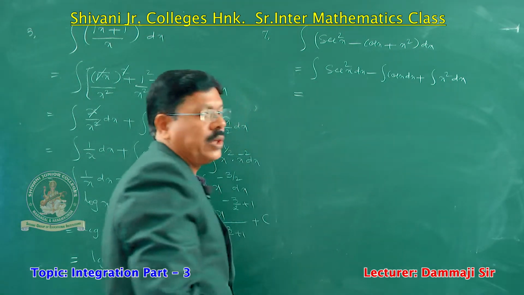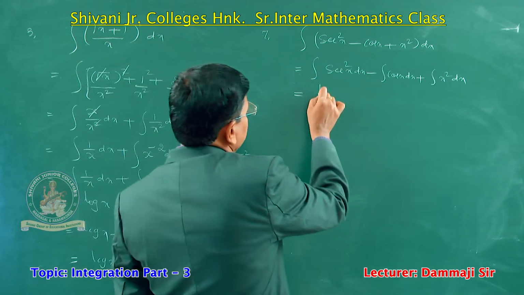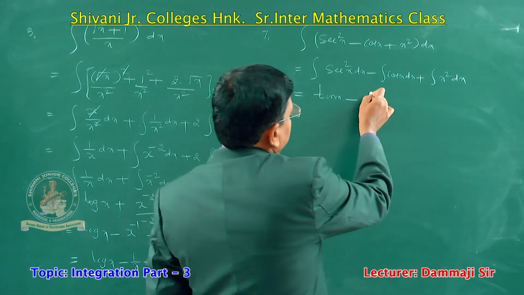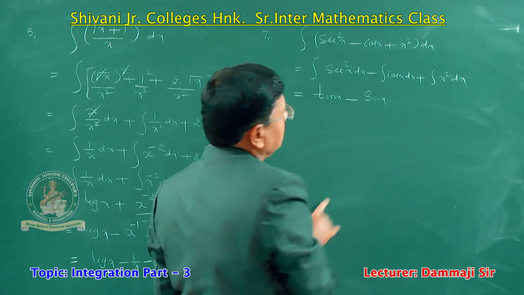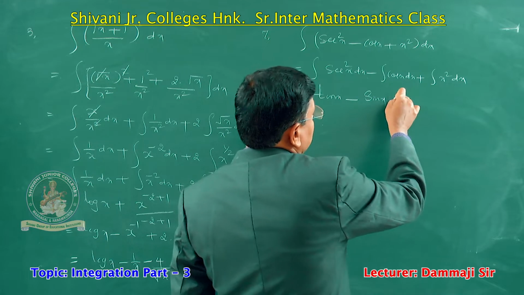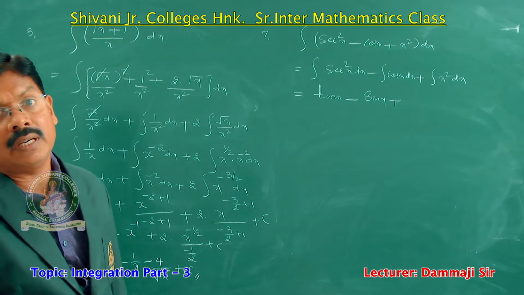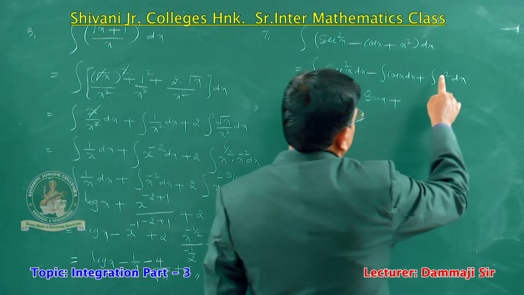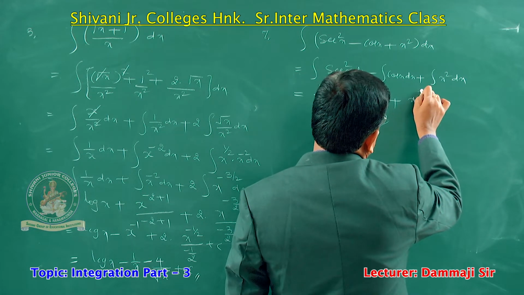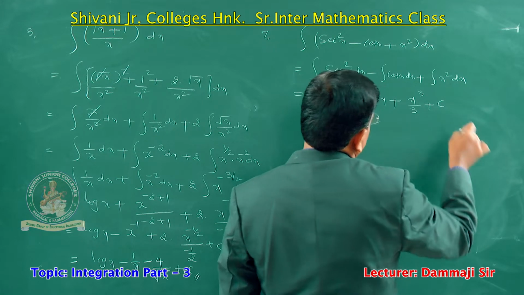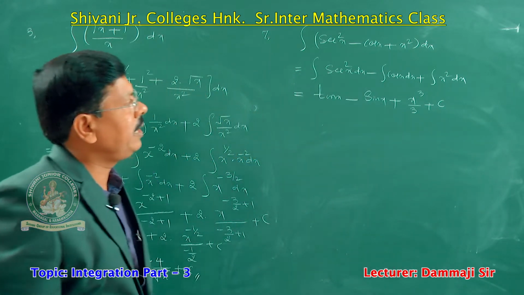Integral of secant square x is tan x, minus integral of cos, standard result sin x. But the third term has the x power n formula: x power n plus 1, that is 2 plus 1 is 3, by 3. Then after completion, put the constant of integration.